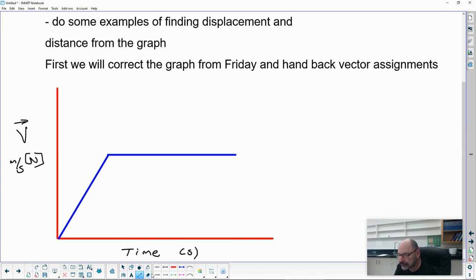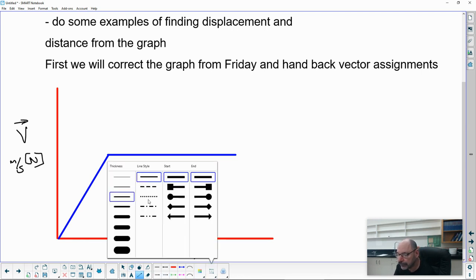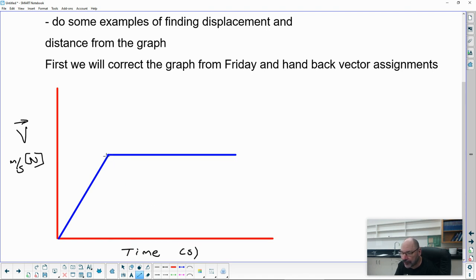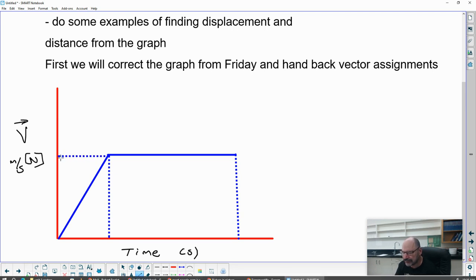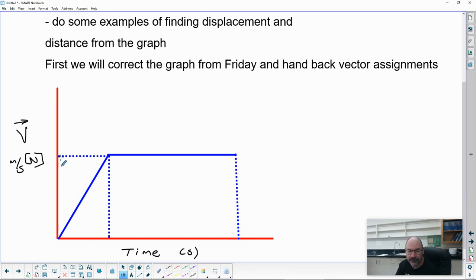Okay, and we'll say that this particular spot right here, let's say that we have a time there, and then we have some velocity there. So let's say that this is 20 meters per second, and that this is 0. Say this is 4 seconds, and this looks to be about 10 or 12, let's say 10.